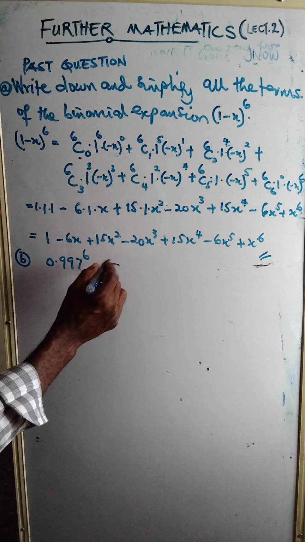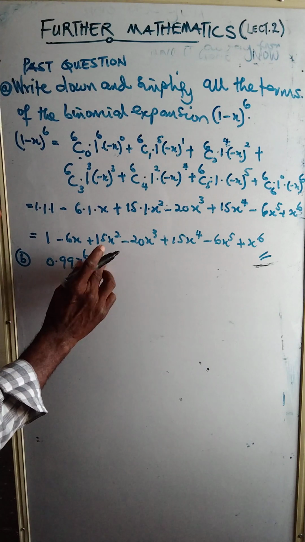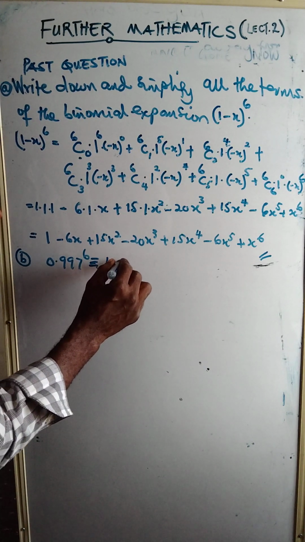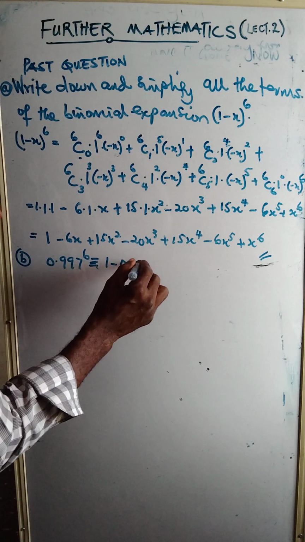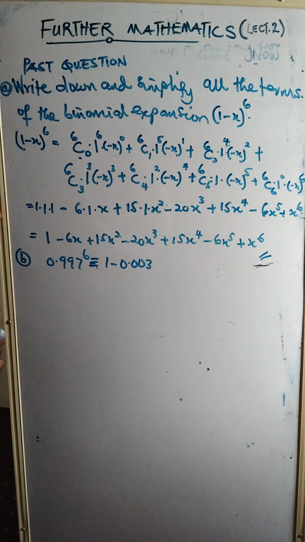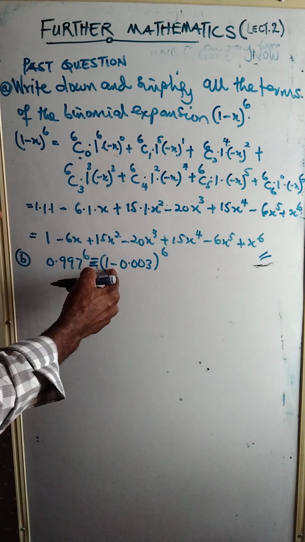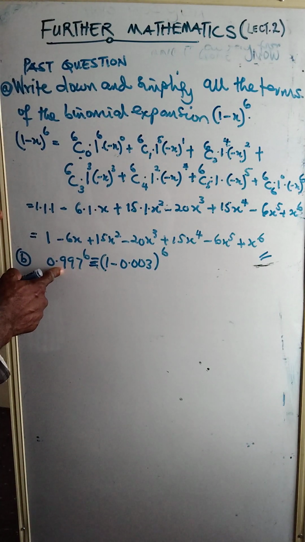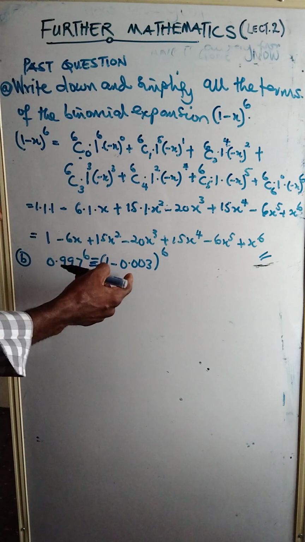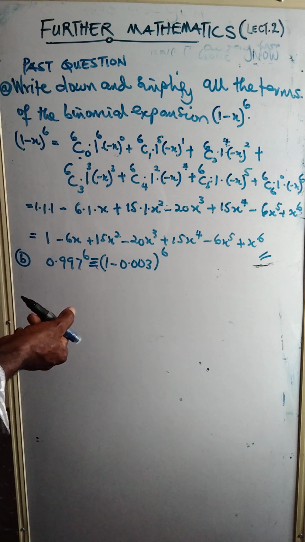So this could also be expressed as 1 minus 0.003, everything raised to power 6, because if you subtract this, you're going to get this, which looks more like the form of 1 minus x.